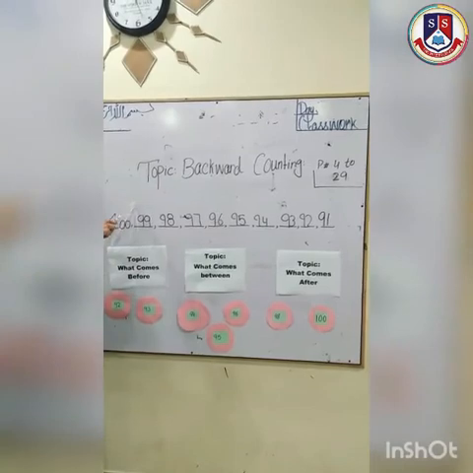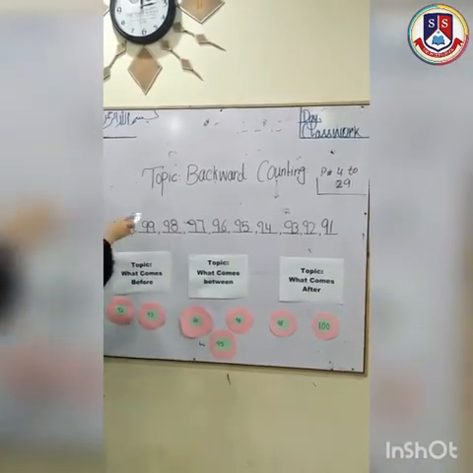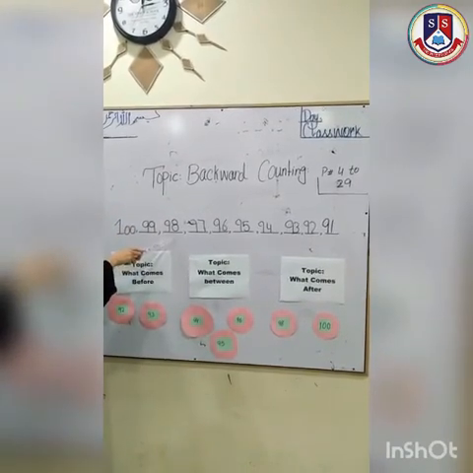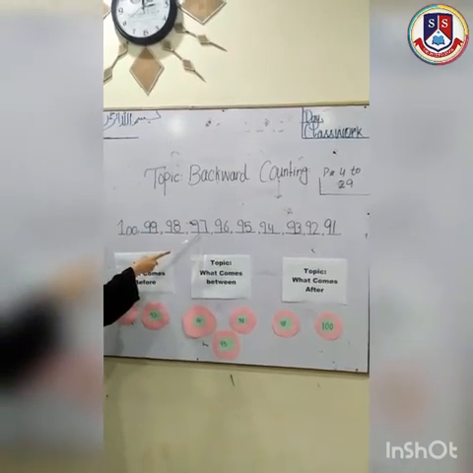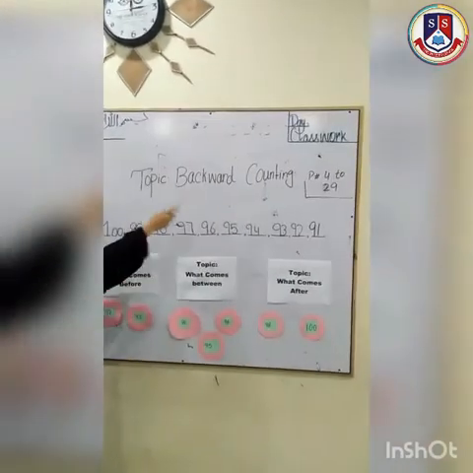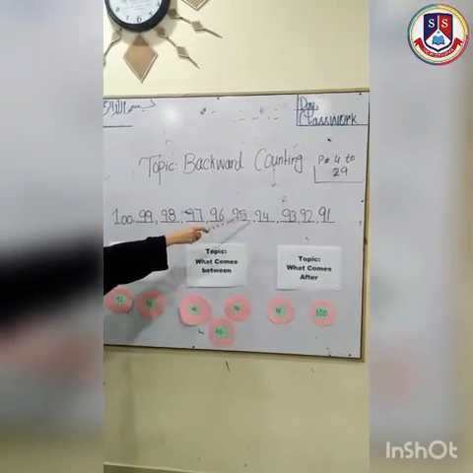100 से पहले, before 100, what is this? This is 99. Then again, second step, this is 98. फिर 98 से पहले, third step, 97. 97 से before, 96. Before 96, 95. 95 before 94.